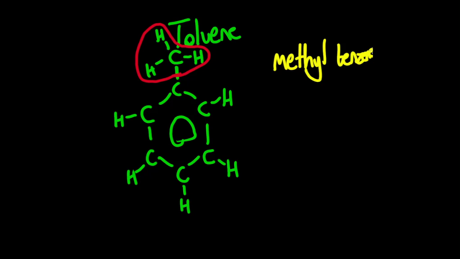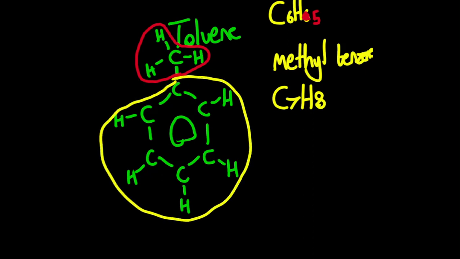Alright, my formula for this, I can count all my carbons, count all my hydrogens, is going to be C7H8, but how I prefer to do it is, so if benzene was C6H6, but if I get rid of one of those hydrogens and turn it into 5, now I've got this whole group right here.